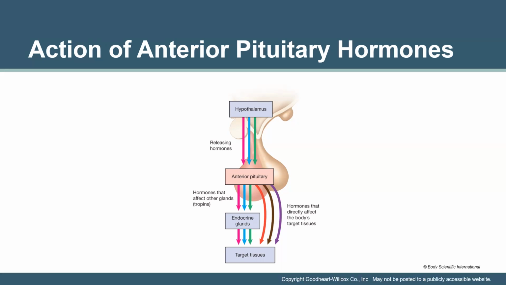They either will act directly on a tissue, as in the case of prolactin and growth hormone, or they can stimulate an endocrine organ to release certain hormones. So pituitary hormones that stimulate other endocrine glands, we call them tropic hormones or tropins. So that would be like TSH, okay, thyrotropin.